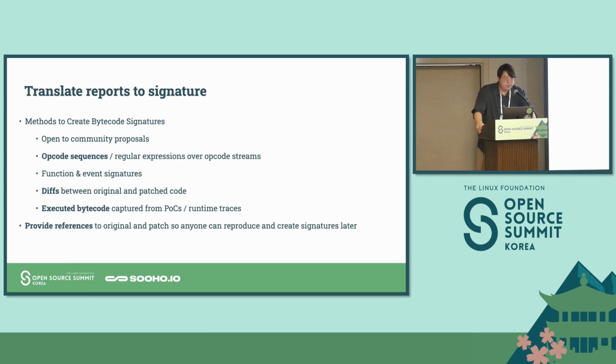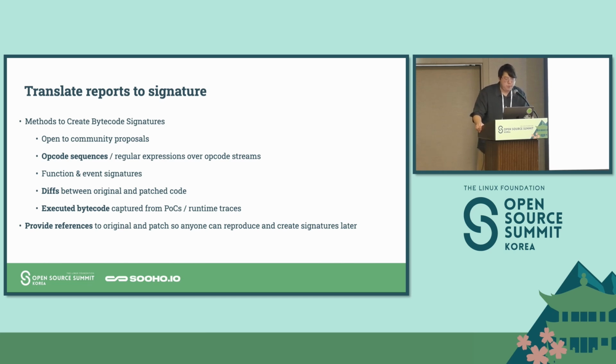The approaches we want to implement include opcode sequences or regular expressions over the compiled bytecode, function and event signatures, which means 4-byte selectors and event topics, diffs between the original and patched code, and executed bytecode traces captured from exploits or POCs.